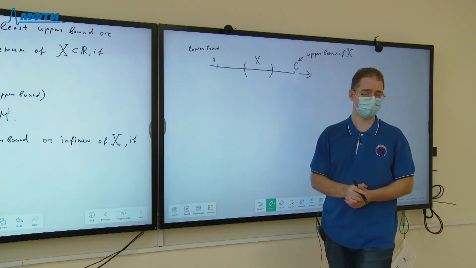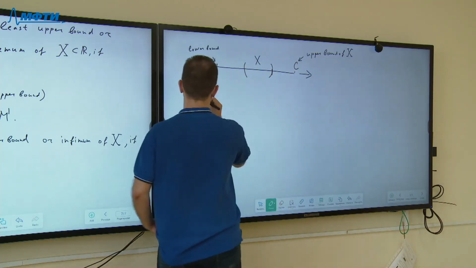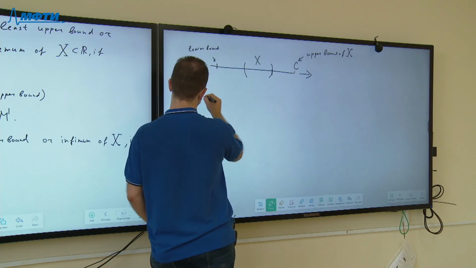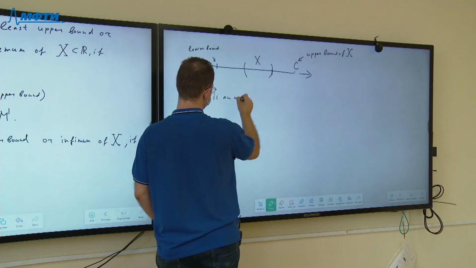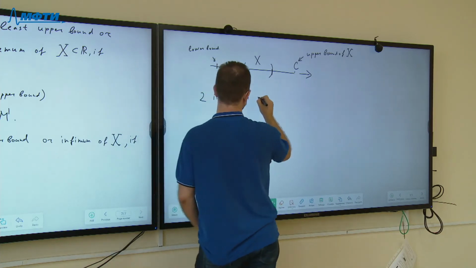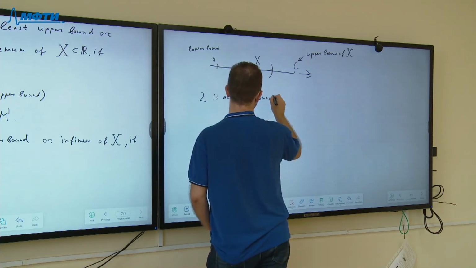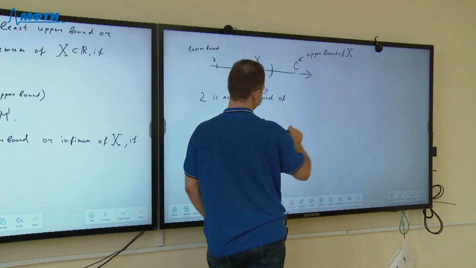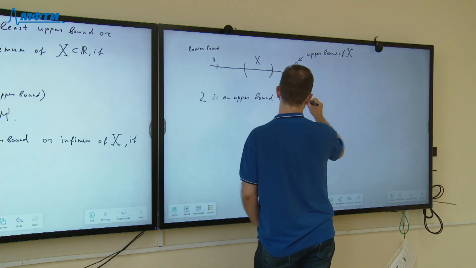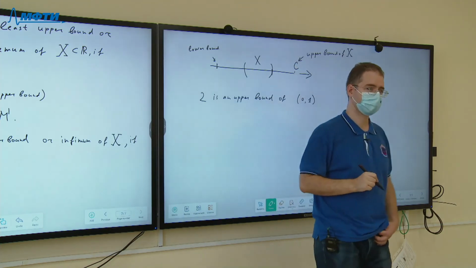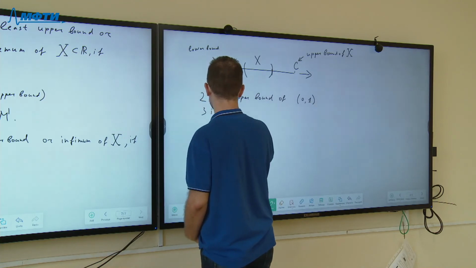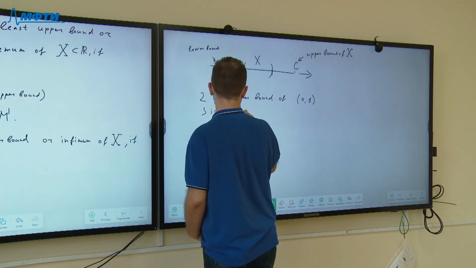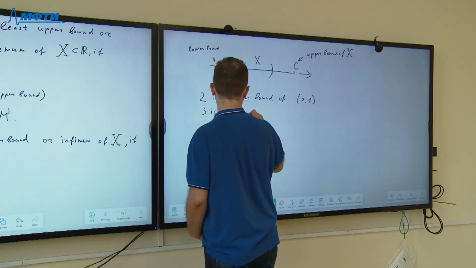So, for example, the number 2 is an upper bound of, for example, an interval from 0 to 1. Number 3 is also an upper bound.